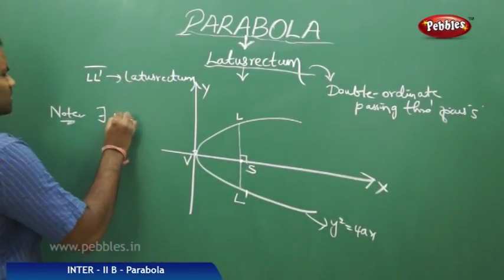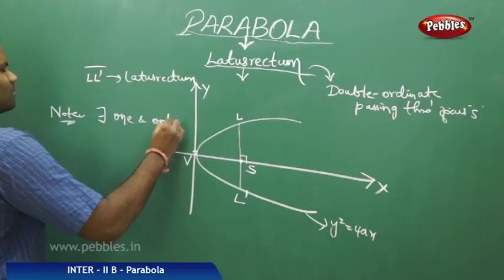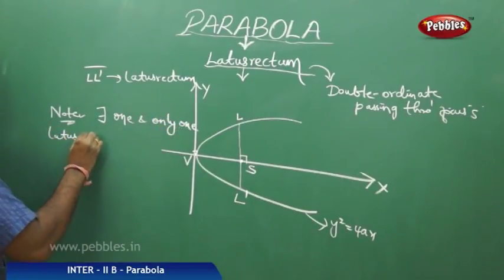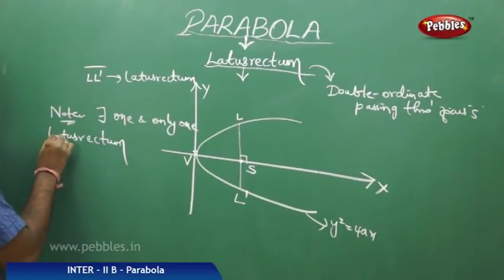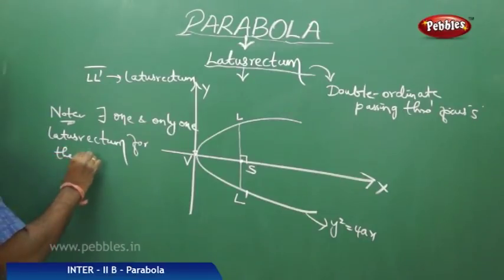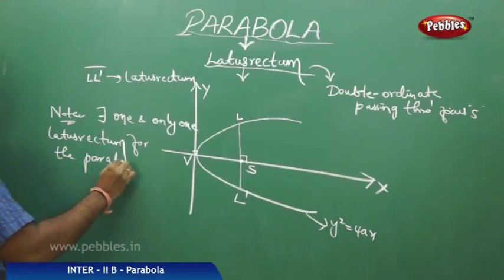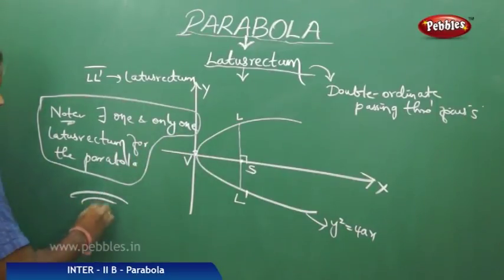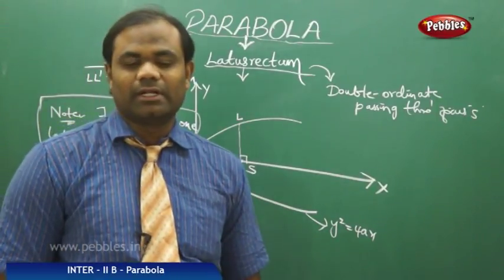There exists one and only one latus rectum for the parabola. That is how I understand the geometrical property of a latus rectum.